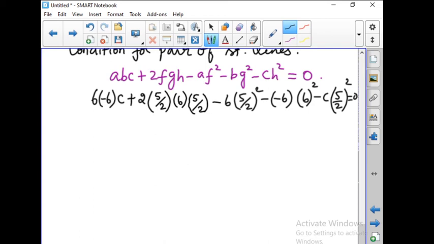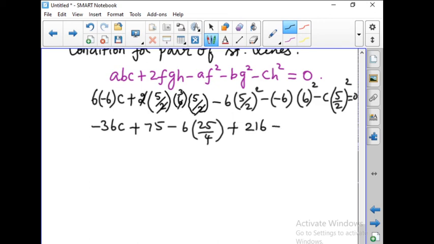So this is −36c. Here we can cancel the 2. 5 5s are 25, 25 into 6 is 150, cancel, so you get 75. Minus, here 6 into 25/4, minus into minus plus 6 into 36, that is 216, minus 25c/4 equal to 0.